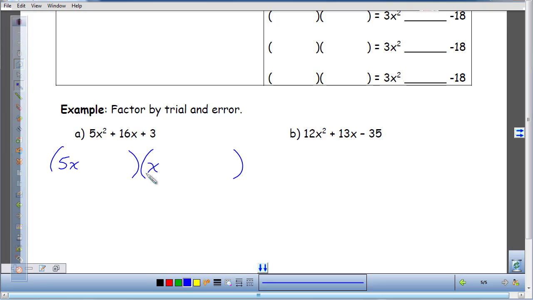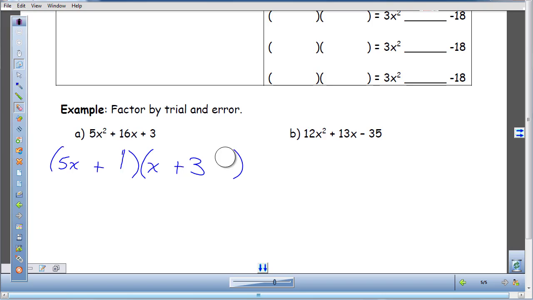So I could try putting a 1 here and a 3 here. I'm just testing it out. That would give me 1x and 15x. That works, right? Both of them are going to be positive, so we'll say plus 1 plus 3. And we're done. But again, we only had a few possibilities. Okay. B is probably going to be a little more involved.